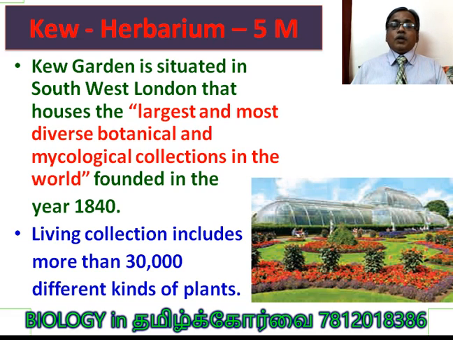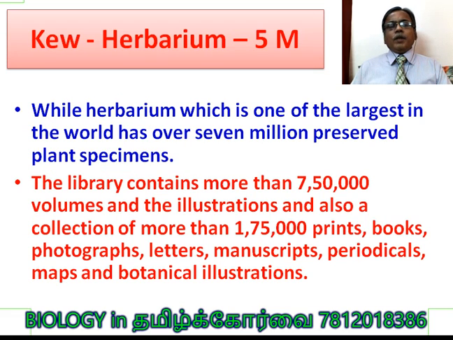Unimaginable, 30,000 different kinds of living plants. While the herbarium, one of the largest in the world, has over 7 million preserved plant specimens. One of the largest, please take note of it.